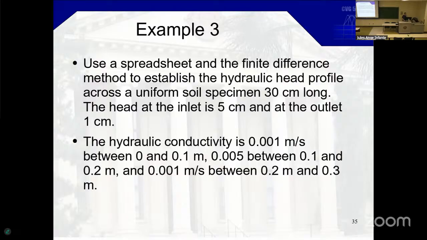So we have a column that is again 30 centimeters long, the head is 5, and the toe is 1. Then it's divided in thirds. 0.001 meter per second between 0 and 10 centimeters. 0.005 between 10 and 20, and 0.001 again between 20 and 30.